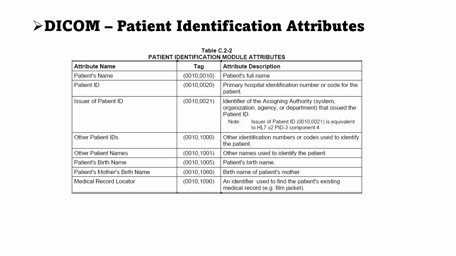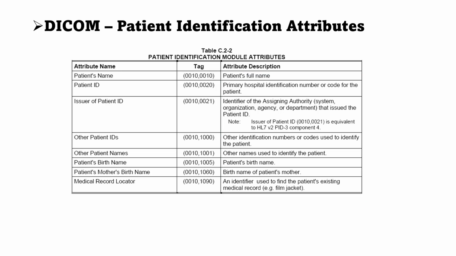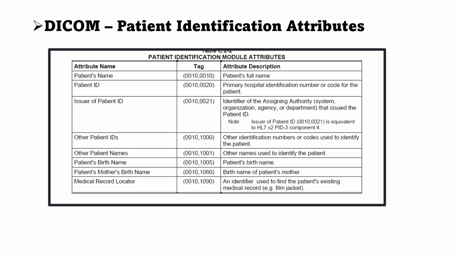Each tag is specific to a certain attribute, such as patient's name, patient's ID, etc. Each of these attributes has a full description, so we have a full description of what a patient ID would be. We have a full description of what other patient IDs are available. Put it all together and you have the patient identification.